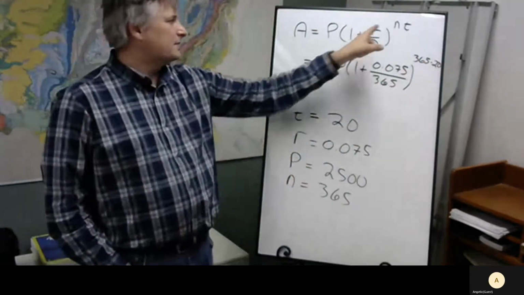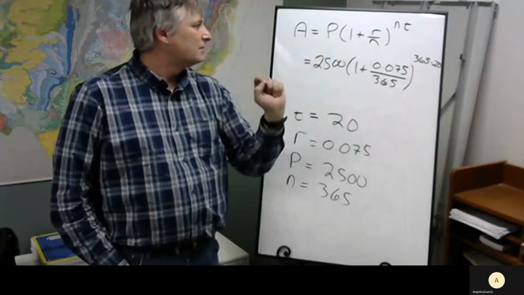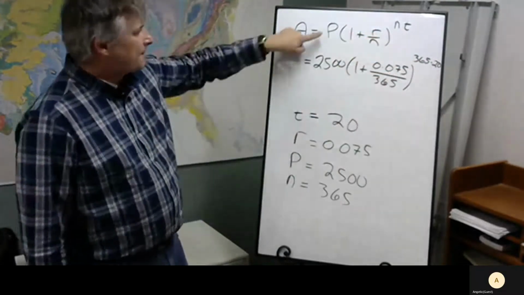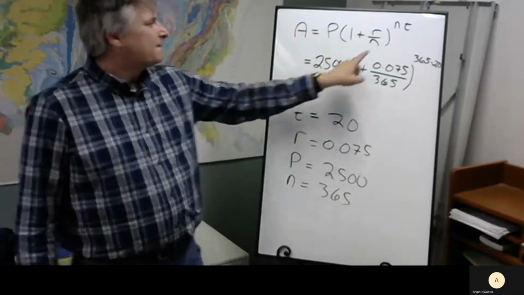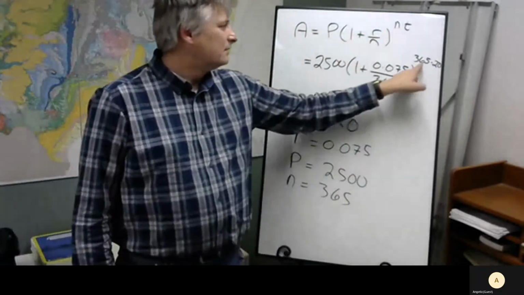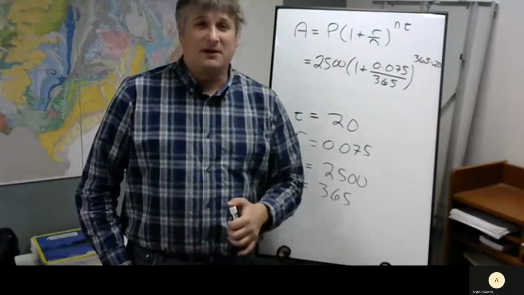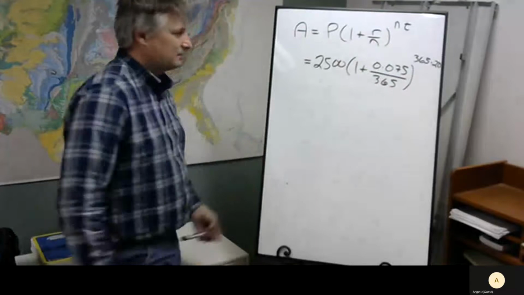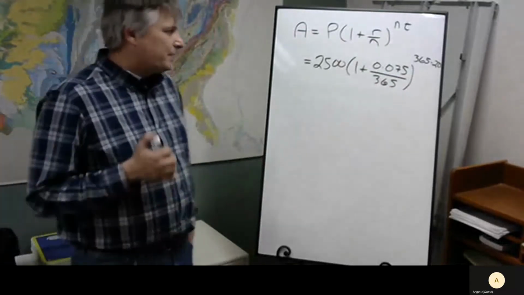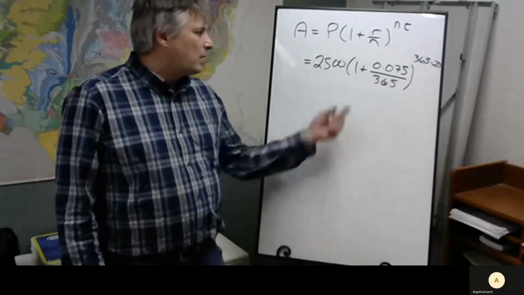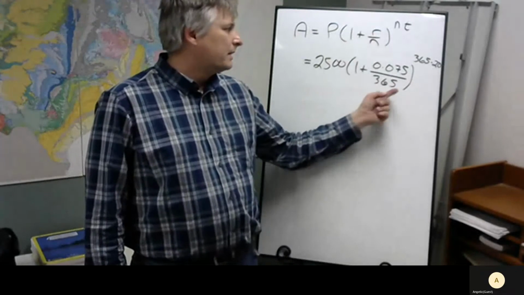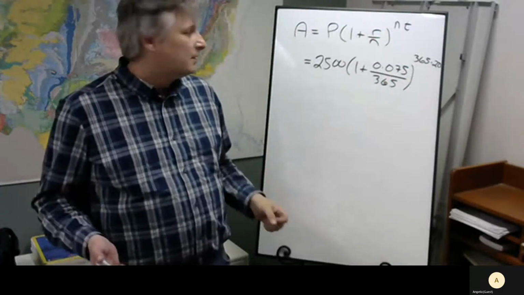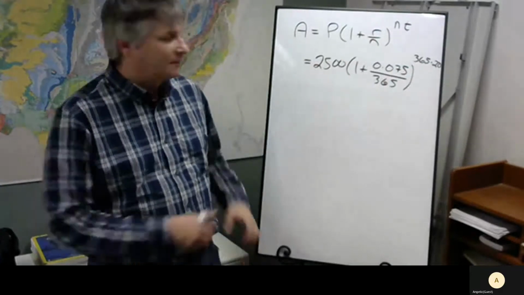So we replace the T with the 20, the R with the 0.075, the P with the 2,500, and the N with 365. Now the trick to this is we want to turn this into a single number before we try to compute any exponents. And we'll multiply this at the very end.